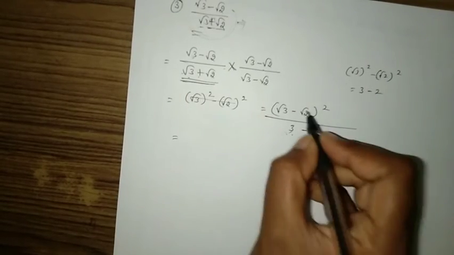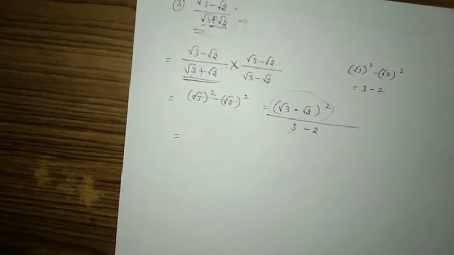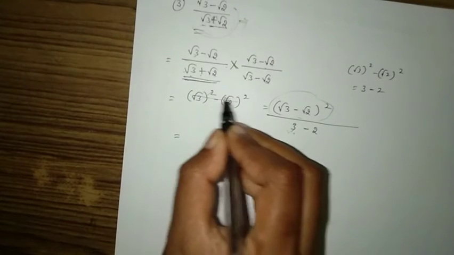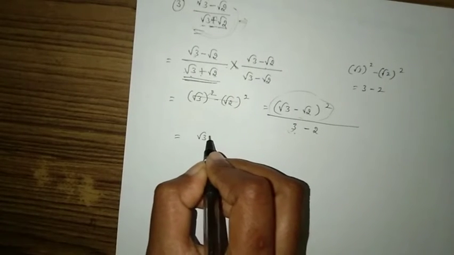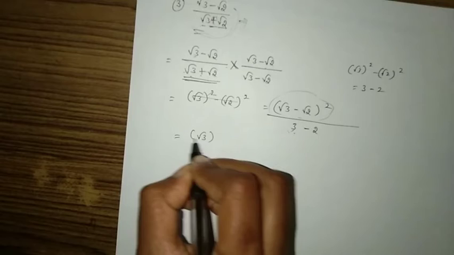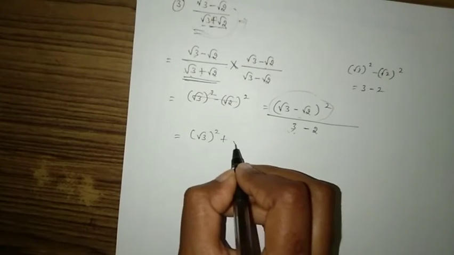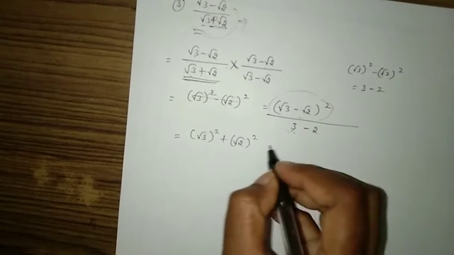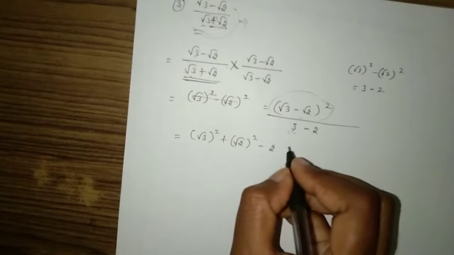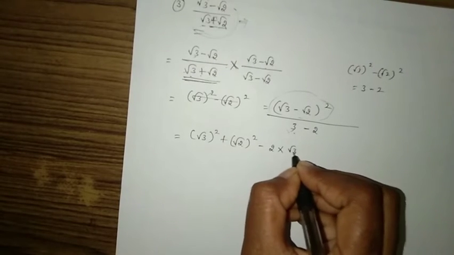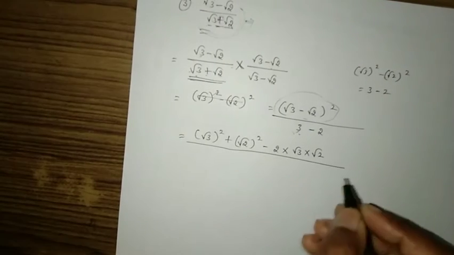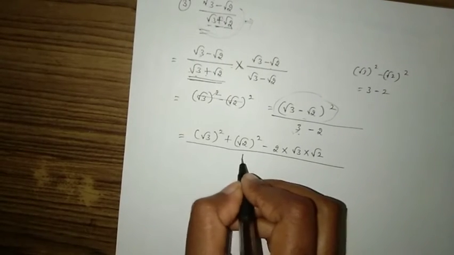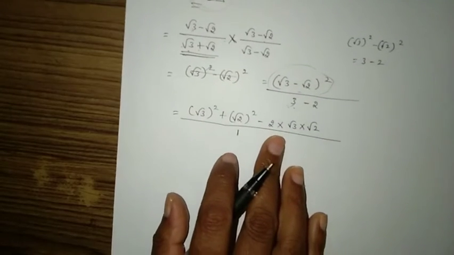So we have to expand this term. A minus b whole square, that is a square, root 3 whole square, plus b square, that is root 2 whole square, minus 2 into a into b. This is a minus b whole square formula. We get the denominator as 1.